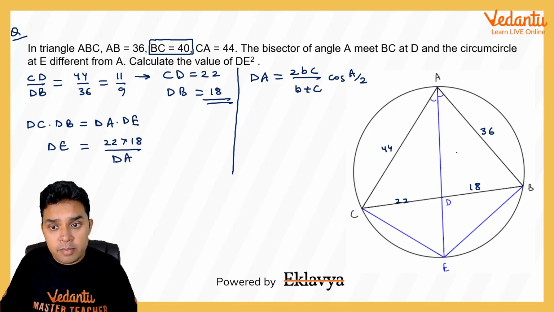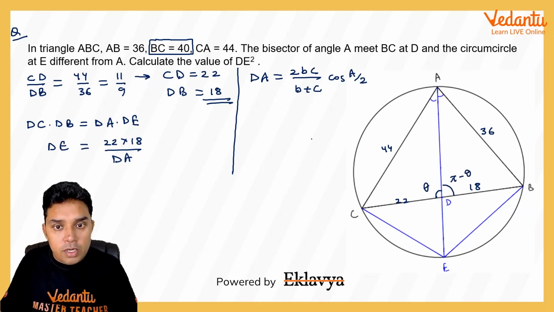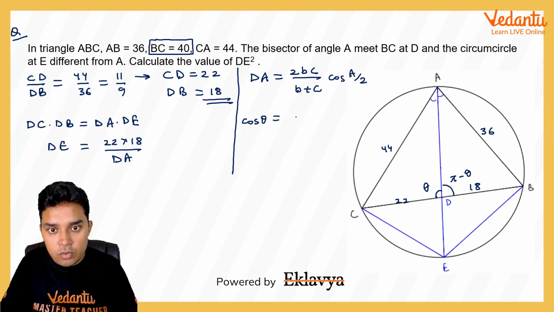That can be another method also: if we apply the cosine rule in these two triangles ADC and ADB, you can see this angle is theta, then this angle is pi minus theta. Taking cos of these two angles, cos theta will be equal to (22 square plus AD square minus 44 square) divided by 2 into 22 into AD.